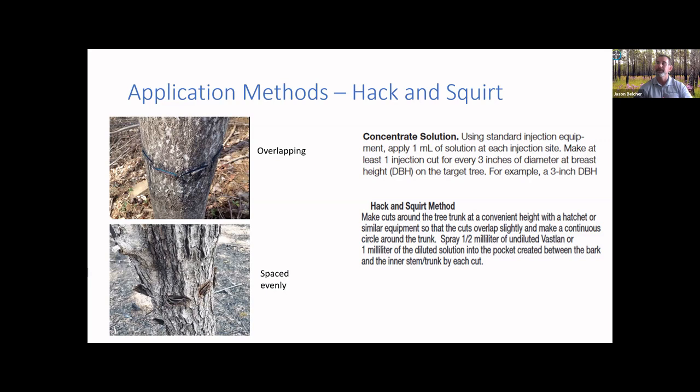Then below that, the Vastlan label says a half ml of undiluted Vastlan or 1 milliliter of diluted solution in that pocket, and they want it to overlap, kind of like what we talked about at the top. So you do get a good bit of direction on these labels about how to do it. Just make sure to read the label, follow the instructions it gives you, and you'll end up with a pretty good result, I believe.